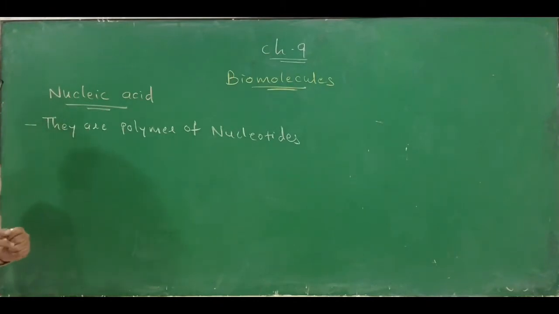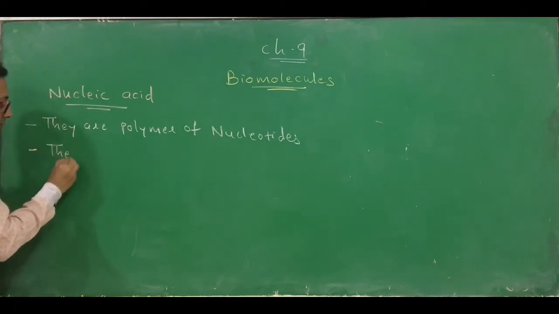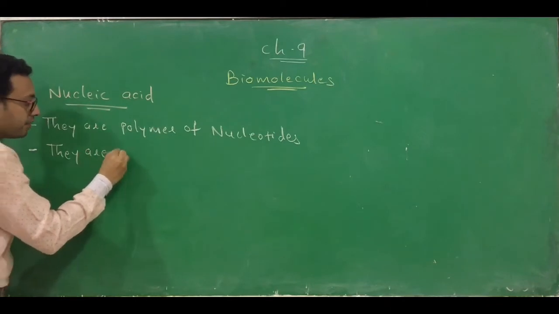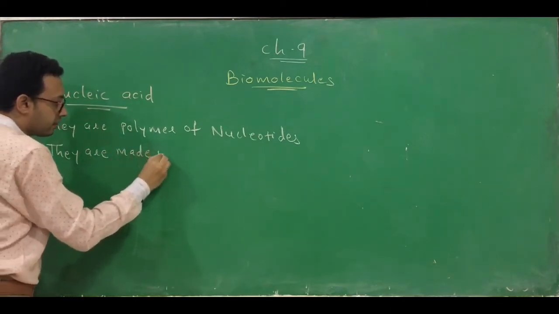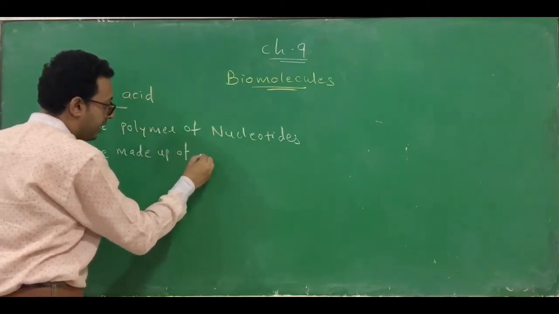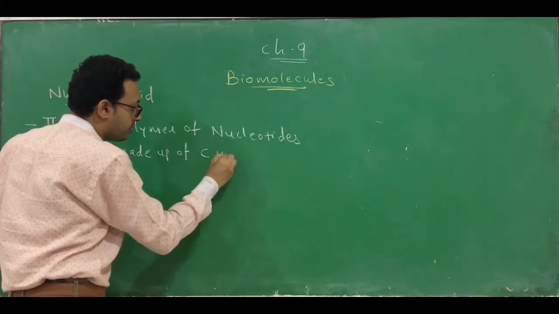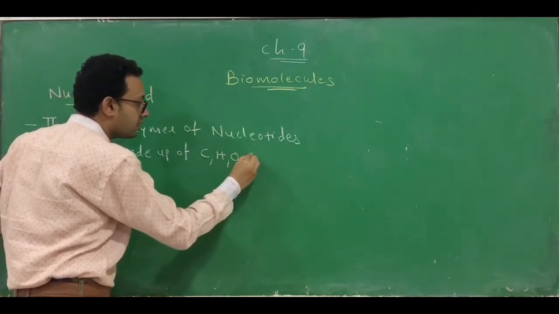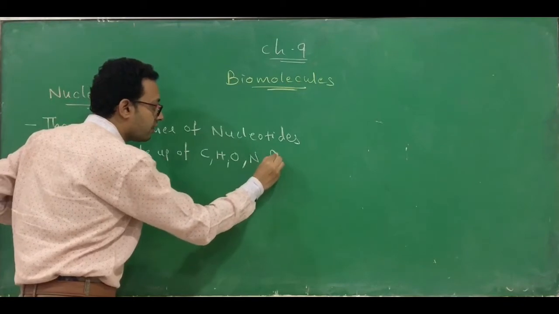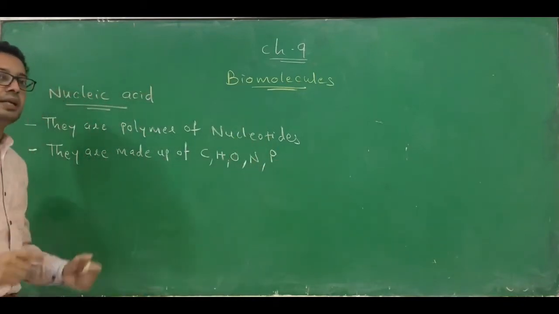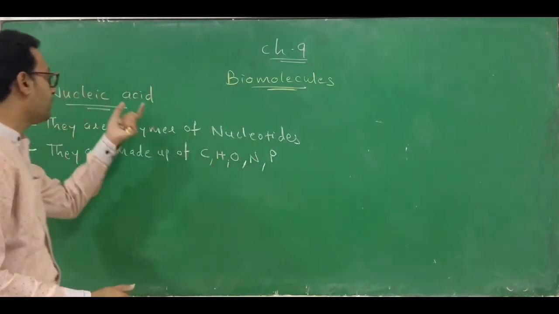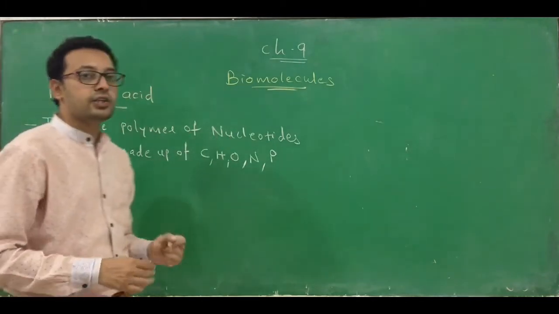I hope it is clear to all of you. What do these nucleotides and nucleic acids consist of? They are made up of carbon, hydrogen, oxygen, nitrogen, and phosphorus. These elements are useful in the production of nucleotides and ultimately a nucleic acid.